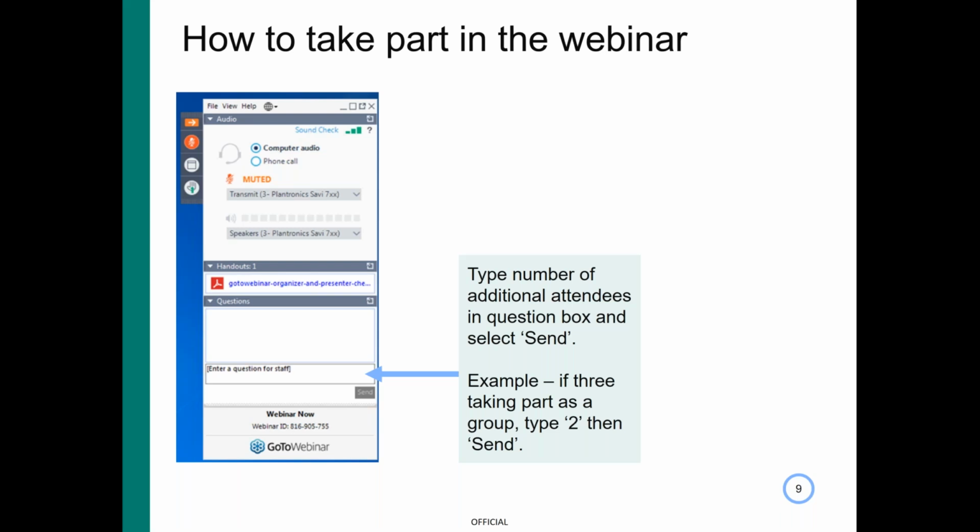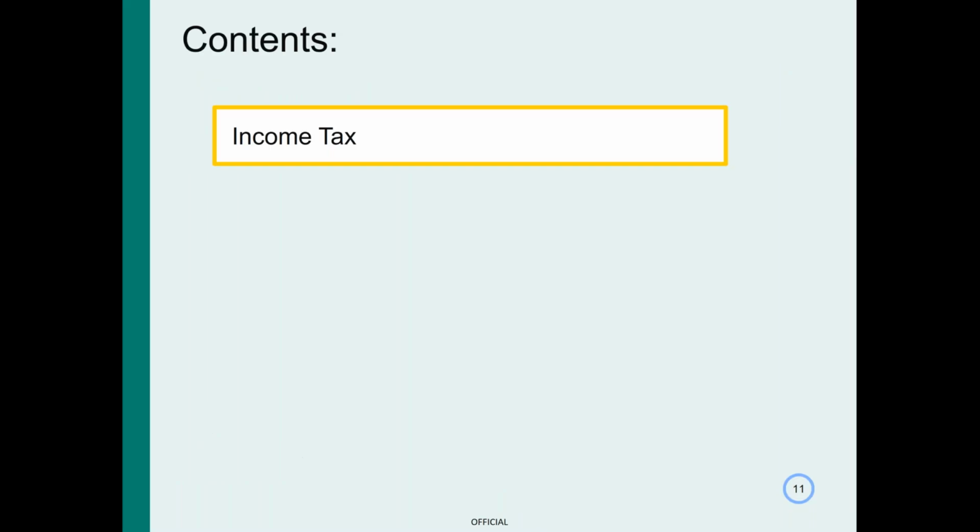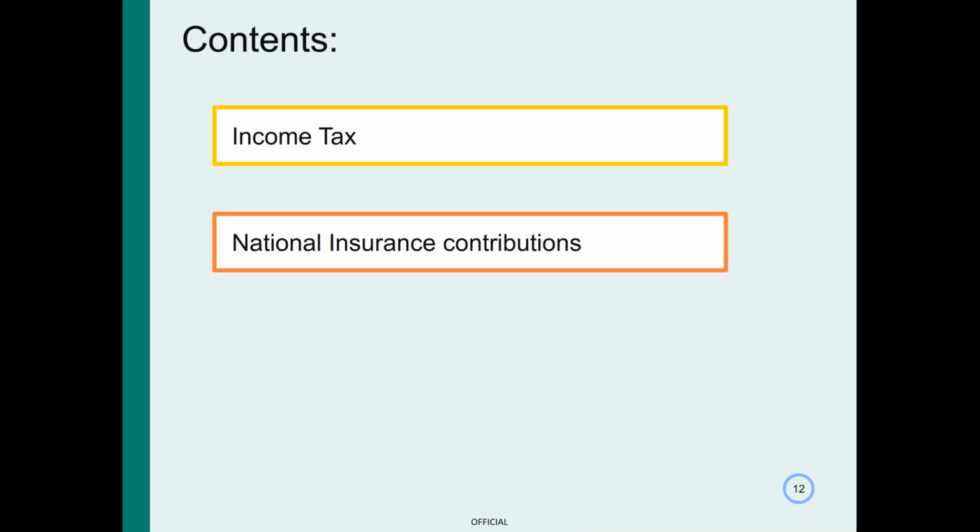Okay, thank you so much for that additional information. During the webinar, we'll give you an overview of the main changes that may affect the way you deal with employee and payroll matters. We're going to look at the following: income tax, the basic personal allowance and the rates for the new tax year, national insurance contributions, the rates and thresholds for Class 1 national insurance.